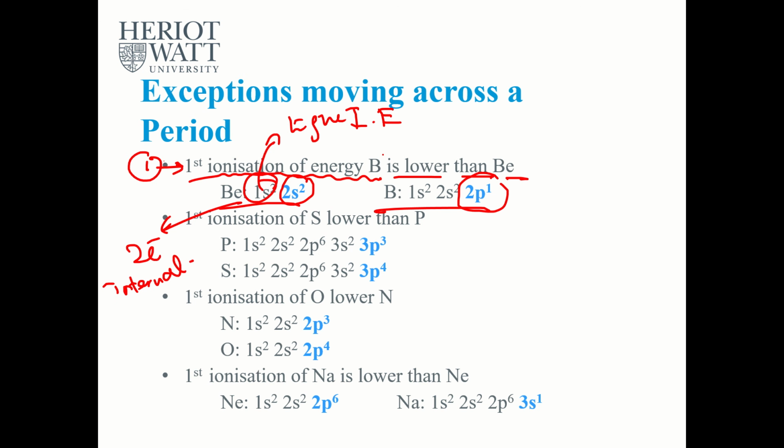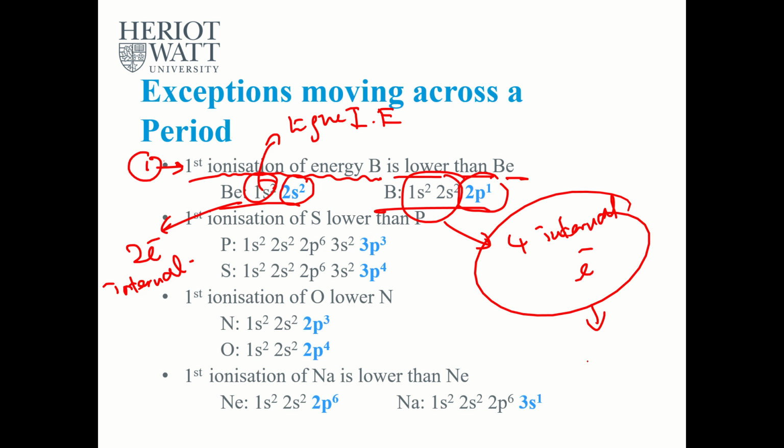We don't count the 2s because we are going to remove from there, right? And how many internal electrons for boron? 4 internal electrons. So which one, 2 or 4, gives you greater internal repulsions, or shielding effect? Because that is the shielding effect, the repulsions between electrons. Obviously, boron gives you a higher shielding effect because you have 4 internal electrons.